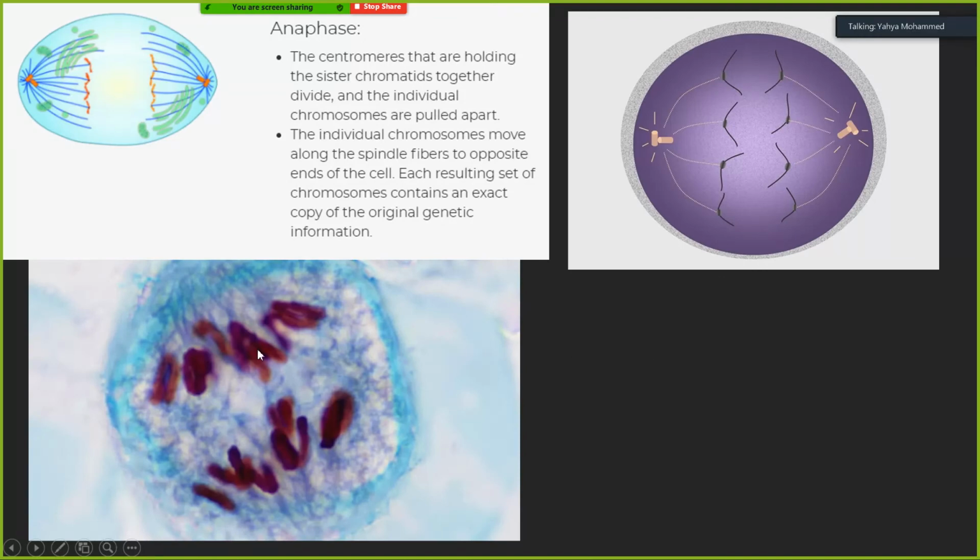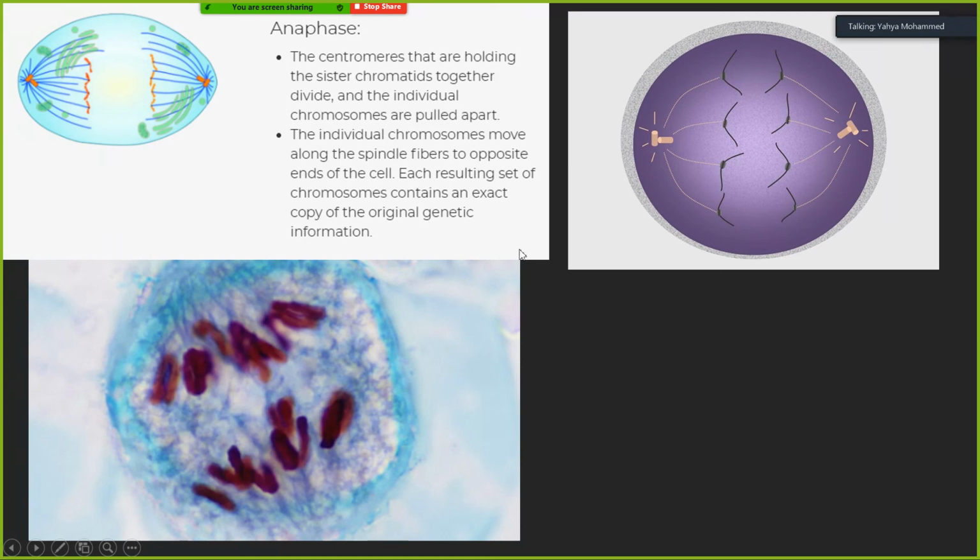Then next in anaphase, they've been pulled apart, and the chromosomes are traveling towards one end or the other end, right? So you see now they're in two groups. These ones over here are going to eventually form their own cell, and these ones over here are going to form their own cell. I think these cells are probably dead because they stained them, right?